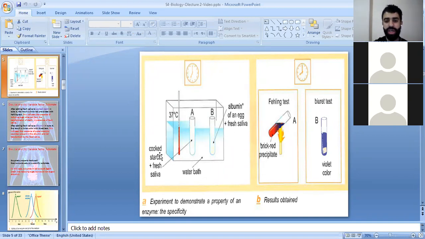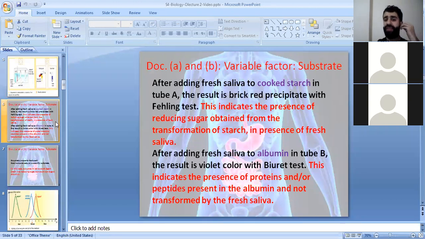Here we have starch, here we have albumin of an egg. After adding fresh saliva to the cooked starch in tube A, the result is a brick red precipitate with Fehling. What does this indicate? Analysis plus indication, interpret. This indicates the presence of reducing sugar obtained from the transformation of starch by the saliva.